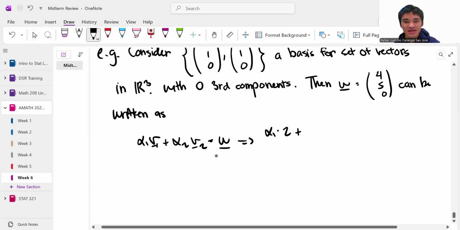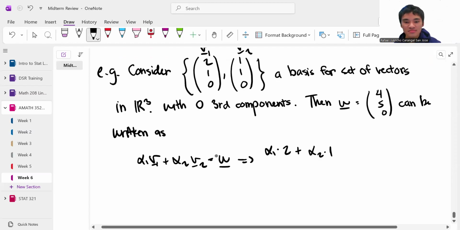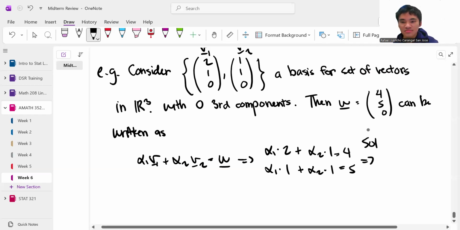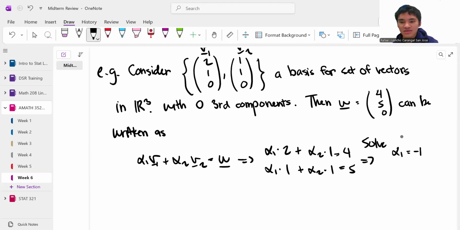So 2 alpha 1 plus alpha 2 is equal to 4, alpha 1 times 1 plus alpha 2 times 1 is equal to 5. And then solving it, we would just get alpha 1 to be -1, alpha 2 to be 6, and we're done. You can write W as a linear combination of V1 and V2.